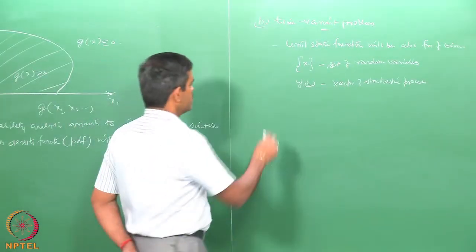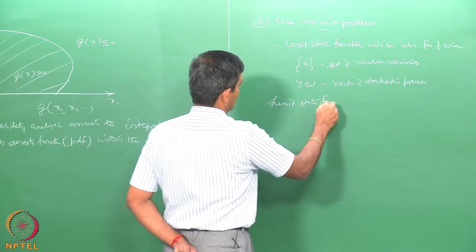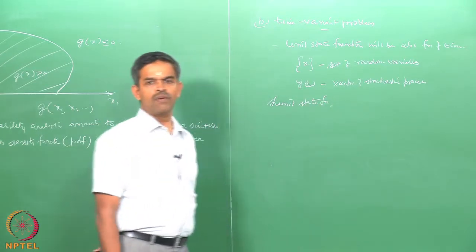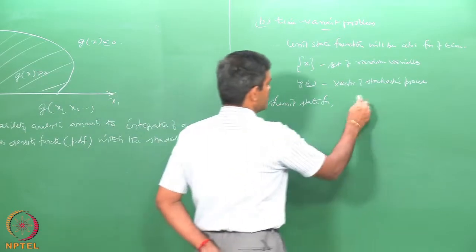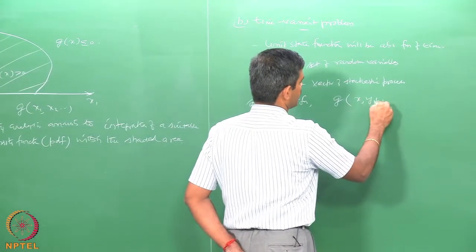So, I can say the limit state function for a time variant problem can be expressed as g of x comma y of t.